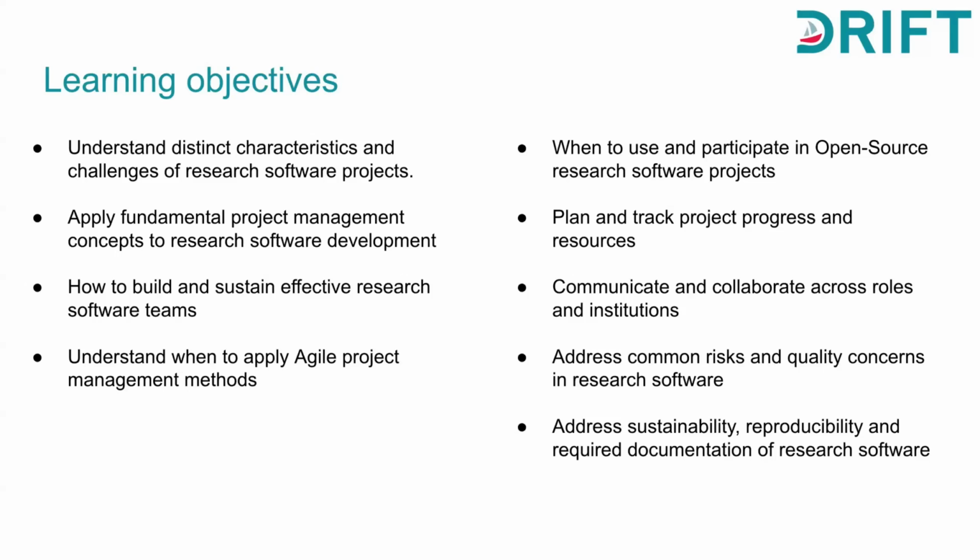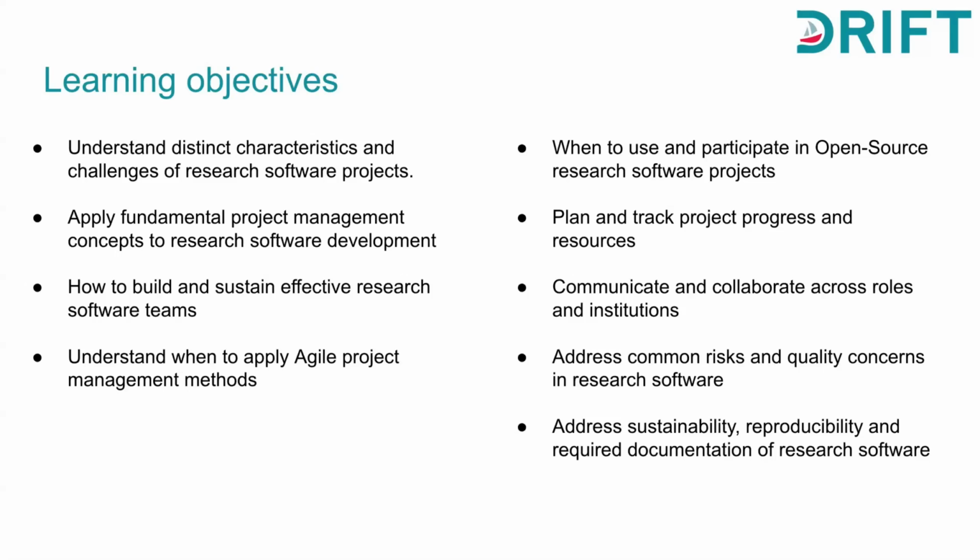The other thing here is about trying to ensure that you understand how you can do the communication and collaboration, especially when you're working across different roles and different institutions. So again, here, this idea of interdisciplinary and cross-institutional teams is something that we think should be key in the learning objectives of a project management curriculum.